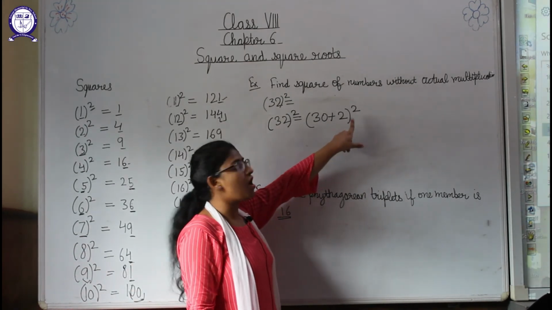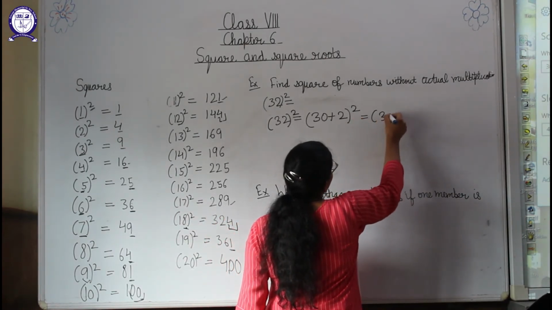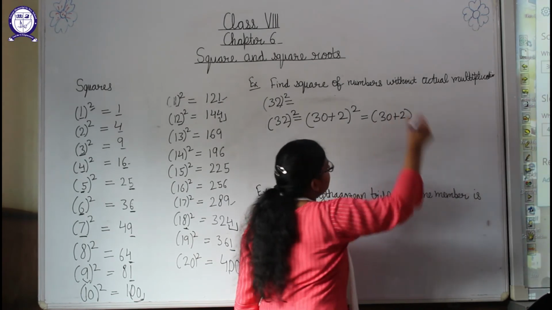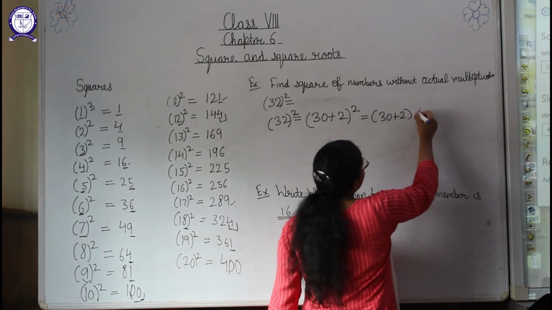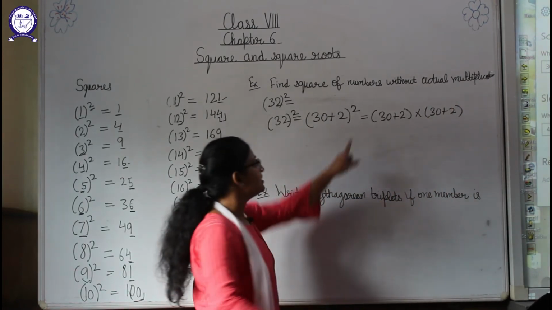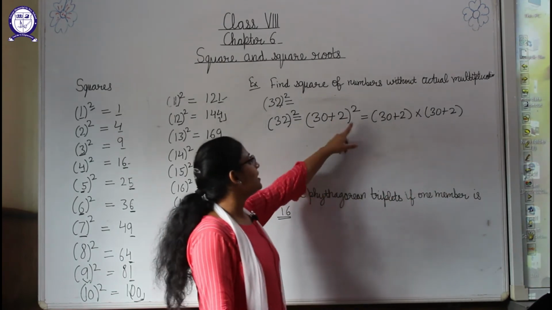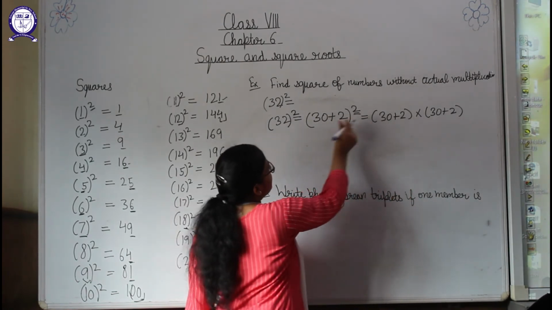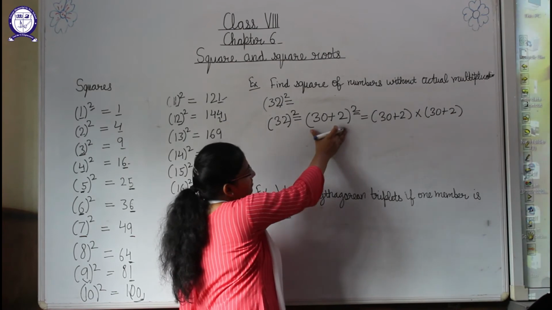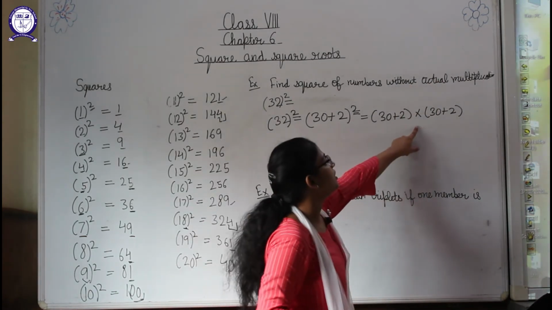How will you find it? 30 plus 2 whole square can be written as 30 plus 2 and then again 30 plus 2. Students, you know that square means we write the same number 2 times. That's why we have written 30 plus 2 and 30 plus 2 in multiplication.